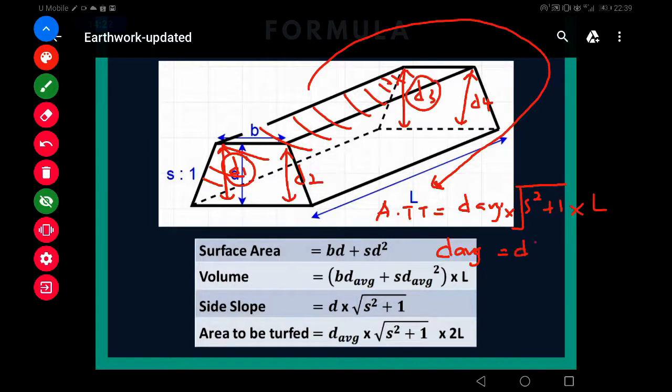So D1 plus D3 divided by 2. So after you have calculated this one, you substitute inside the formula. So you will get the area to be turf for this side.